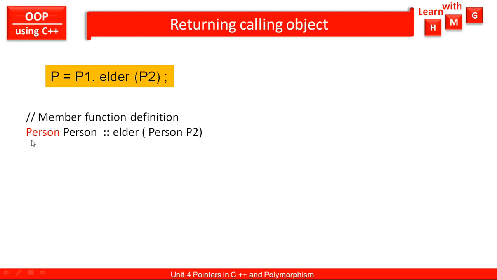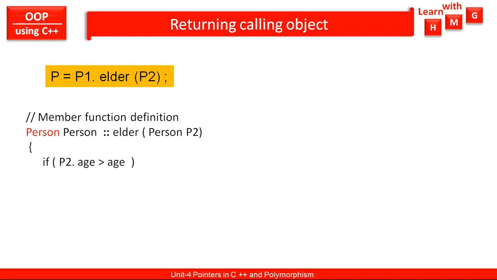Okay, so in this header line of the member function, you will find that the object P2 is available as an argument, but the calling object is nowhere, and that is the main question. Now, while returning the calling object, how to do this?